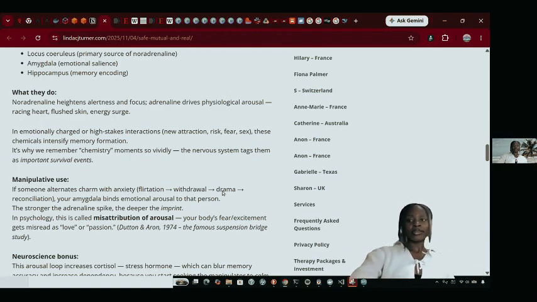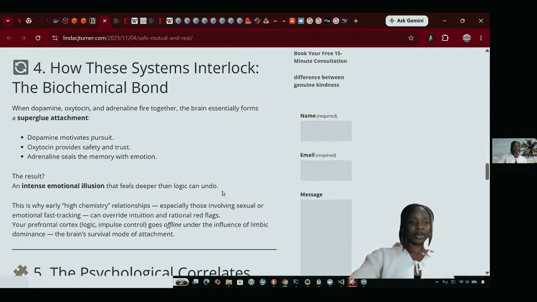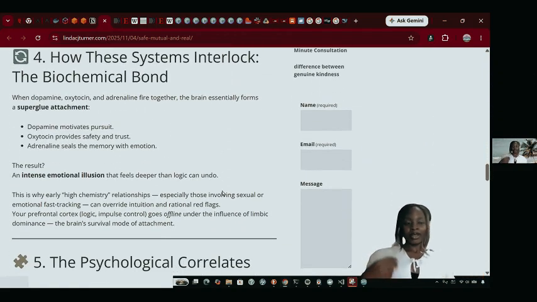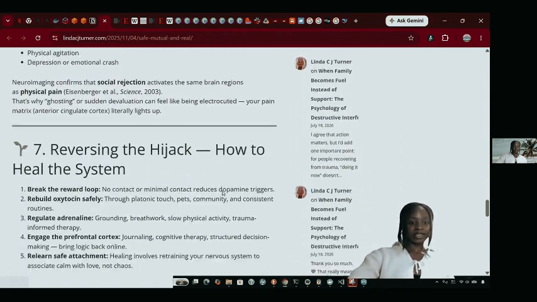So your body ties that person's memory with emotions, and you get stuck in a gridlock. You have dopamine making you crave the person, oxytocin providing safety and trust, and then adrenaline sealing the entire memory with emotion. So you can see how all these things can happen.